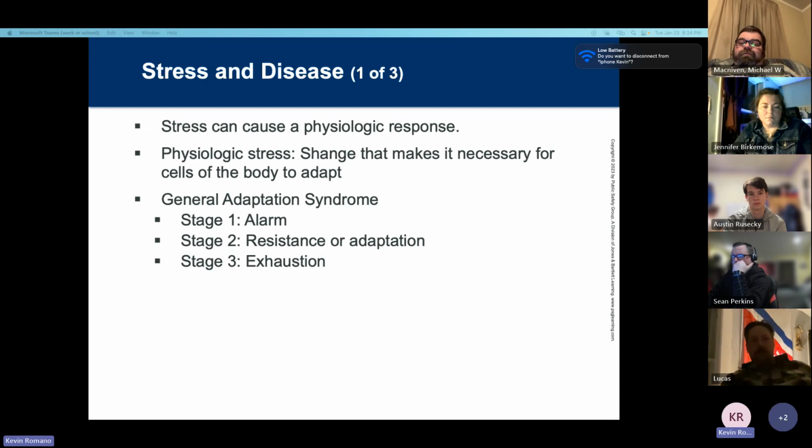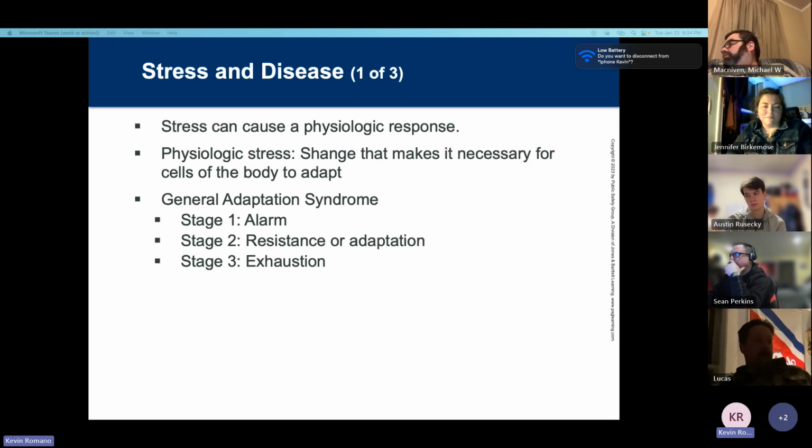The body adapts to stressors primarily by stimulating the adrenal gland to secrete glucocorticoids and mineralocorticoids.